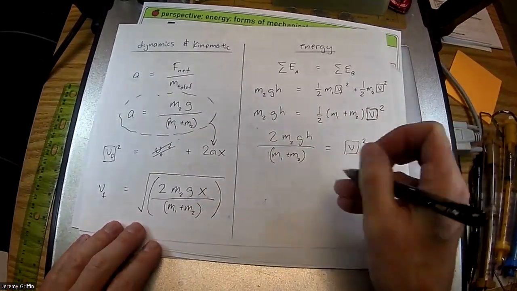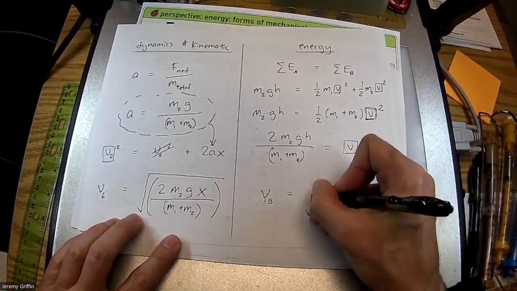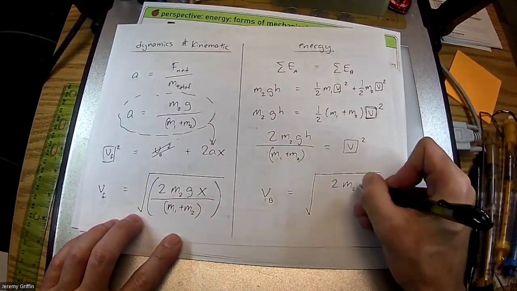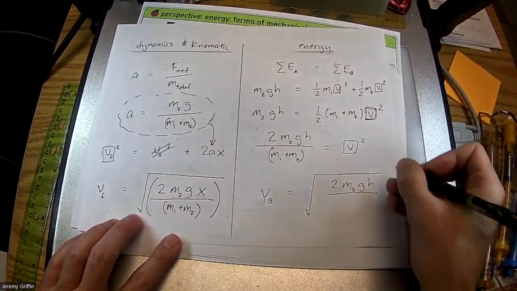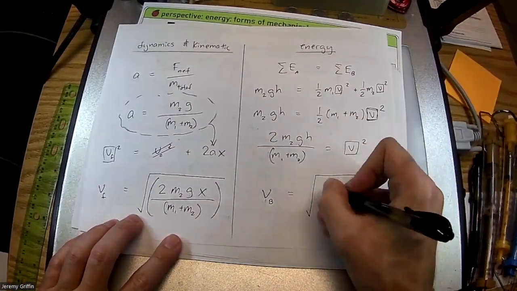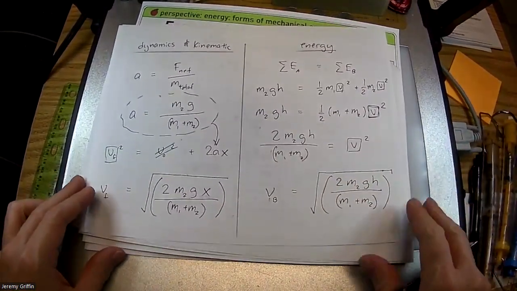And last step, take the square root. So the final speed, the speed at point B, is going to be a giant square root, 2 m2gh all divided by the sum of masses. The square root bar extends over that entire inside expression.